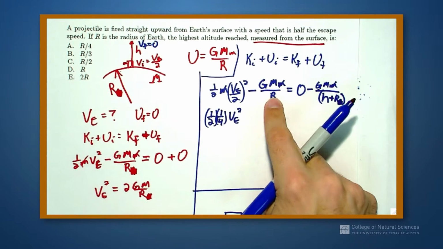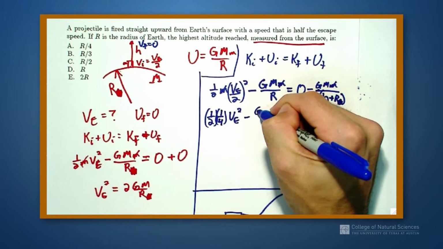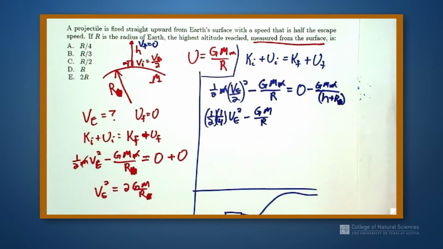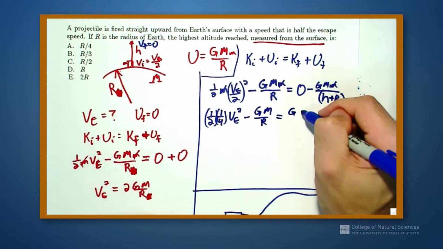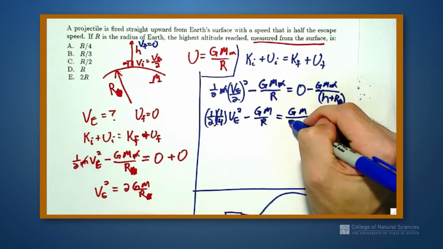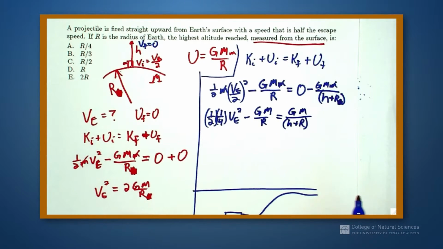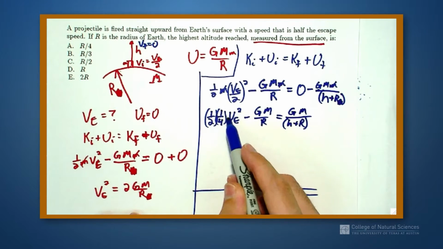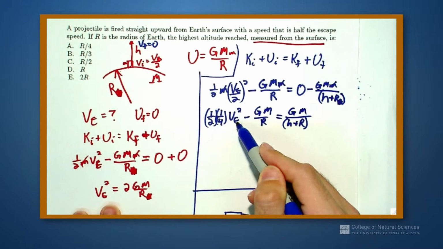I want to keep this on the same side, minus G big M over R, is going to be equal to minus G big M over H plus R. All right, I'm going to plug in my value for the escape velocity. I need the velocity of escape squared.